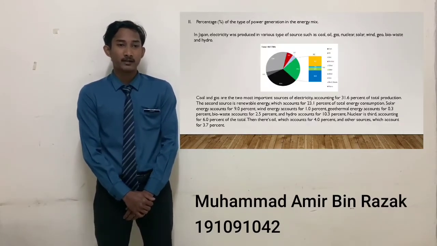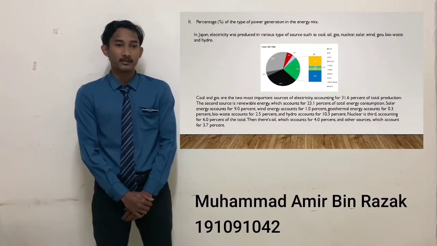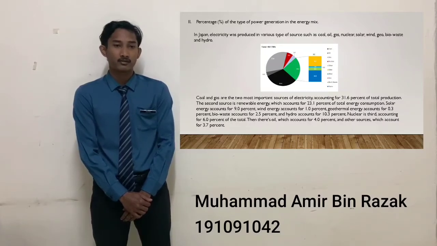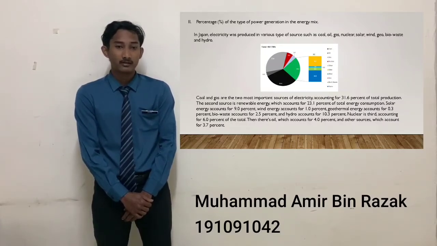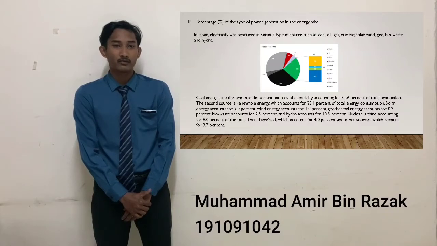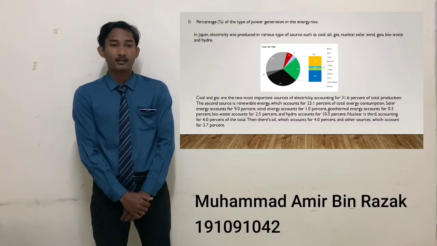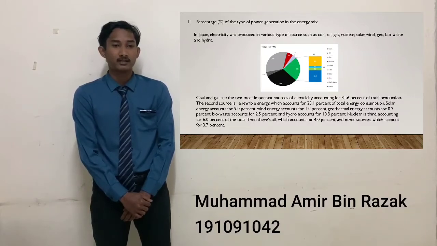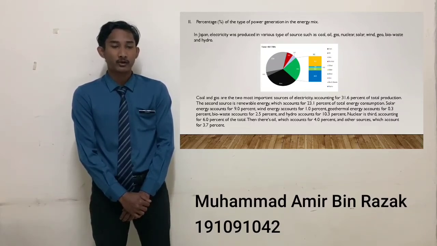Percentage of the type of power generation in the energy mix. In Japan, electricity was produced from various sources such as coal, oil, gas, nuclear, solar, wind, geothermal, bio-waste and hydro. Coal and gas are the two most important sources of electricity, accounting for 31.6% of total production. The second source is renewable energy, which accounts for 83.1% of total energy consumption.